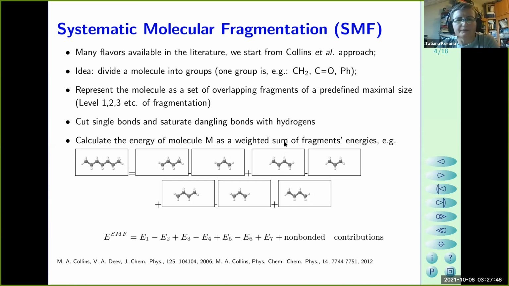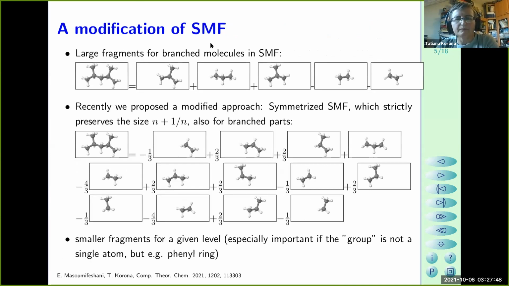With the original formulation of SMF proposed by Collins, there is an issue with branched molecules, because for branched molecules this algorithm is modified, and then we have larger fragments.